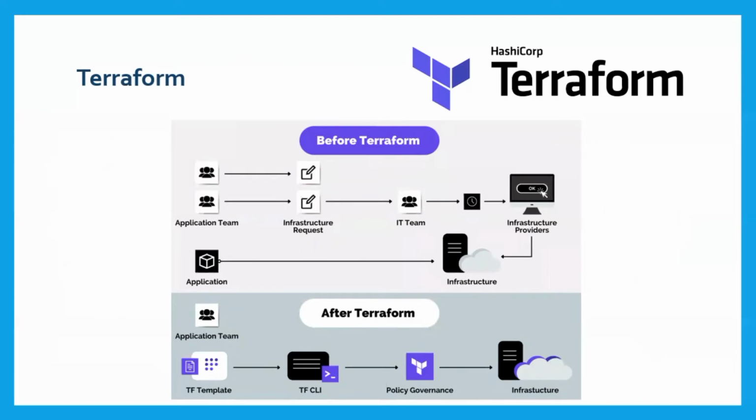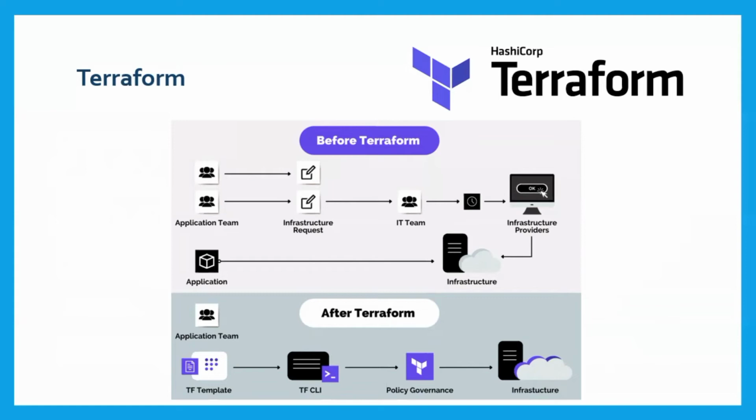So this is the diagram I wanted to show you, what was before Terraform, what was before infrastructure as code, and when we had infrastructure as code tools, how the process got smoother. Before Terraform, before IaC, the application team used to request some infrastructure from the IT team.